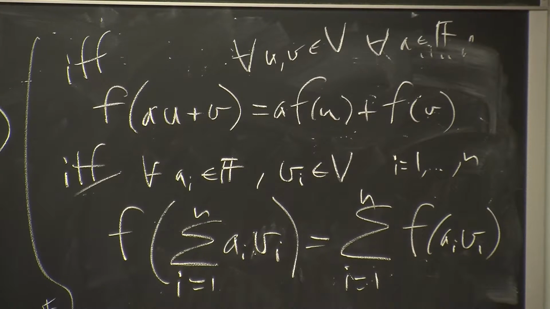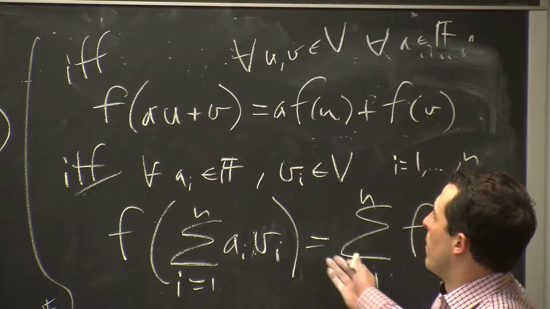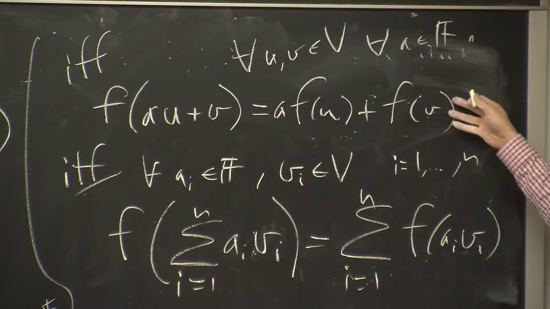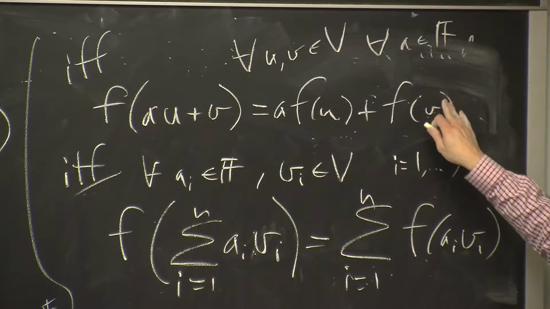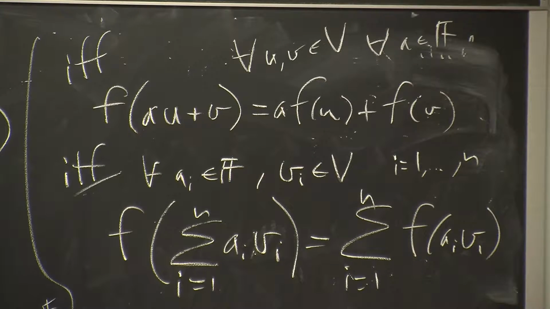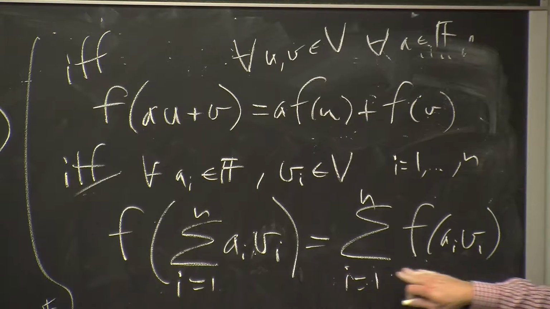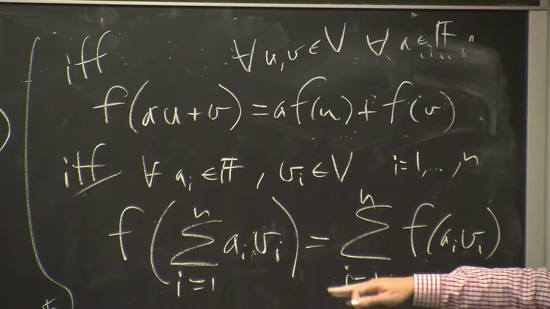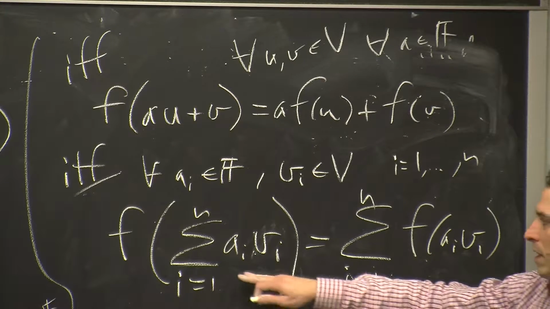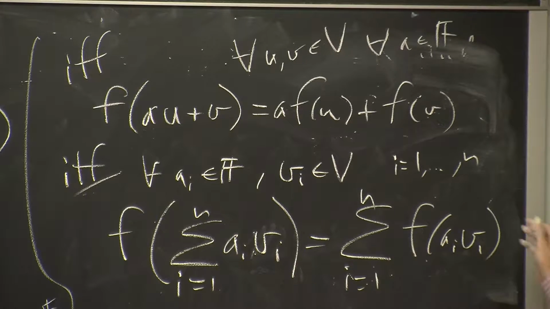And depending on what you're trying to prove, one of these might be easier to work with than others. For example, if you're just trying to check that f is a linear transformation, this is somehow the fewest things to check or the fewest operations. If you're working with a linear combination, you'll want to use this version of the definition, right? Because you already have a linear combination, you just want to push f through it.